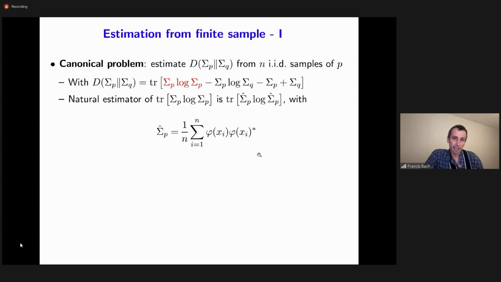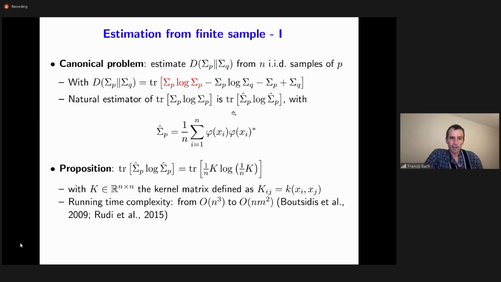If I have data x1 to xn, which are IID from P, I just take the empirical average. I call that sigma p hat, and just replace sigma p by sigma p hat, and I hope for the best.